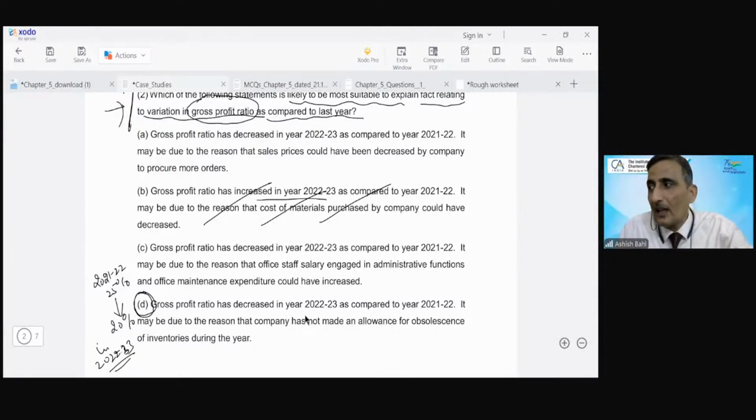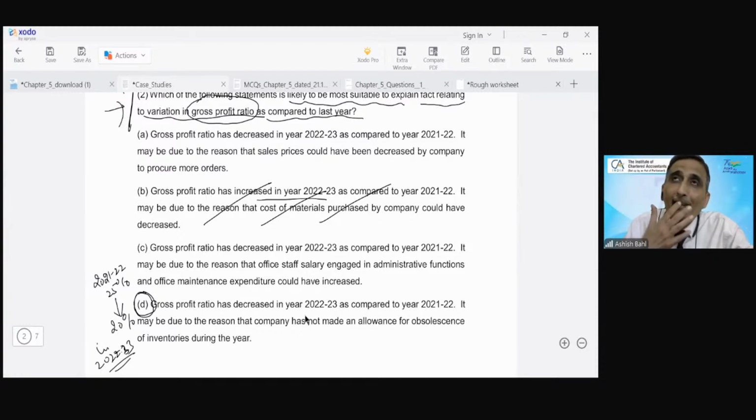Would it increase or decrease? If the company has not made an allowance for obsolescence, then it would lead to overstatement of inventories. So it would increase. Yes, Dilip, right. It will increase.